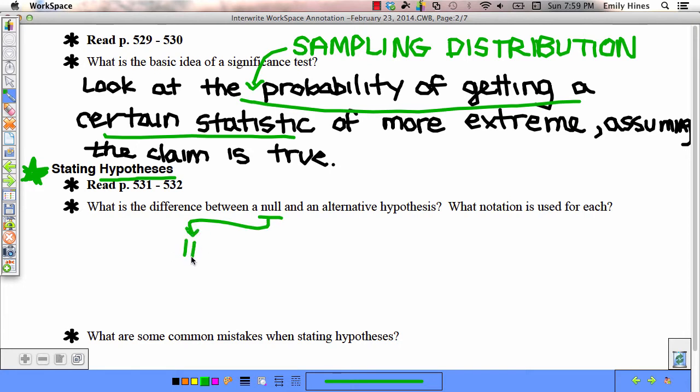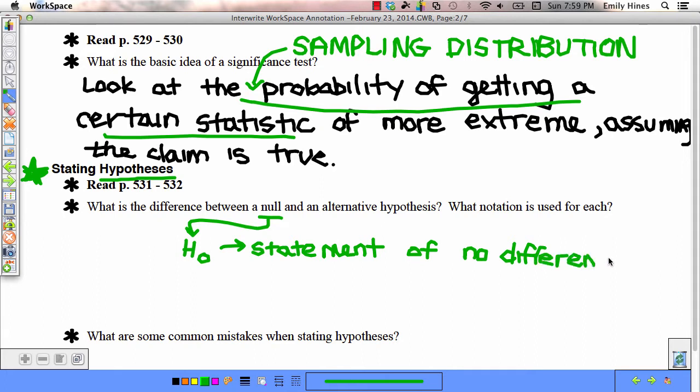Null is represented by H sub 0, and it is a statement of no difference. So if in my kissing example, I wanted to say that my claim is the proportion of couples who kiss the right way is above 50%, then my null would be that P is equal to 0.5.